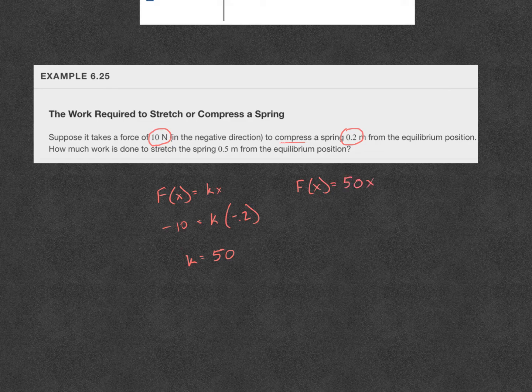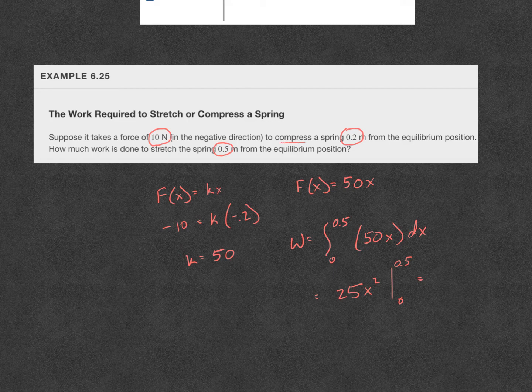And now we're going to stretch it 0.5 meters from its equilibrium and compute the work done to accomplish that task. Integrate from 0 to 0.5 meters our function, 50x, with respect to x. Integrating gives us 25x squared, because 50x squared over 2, evaluated from 0 to 0.5.